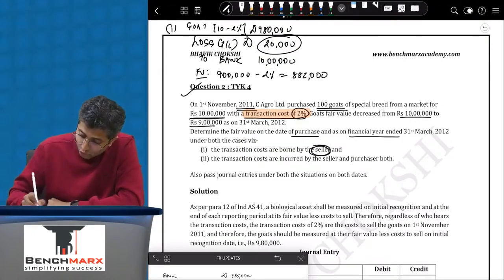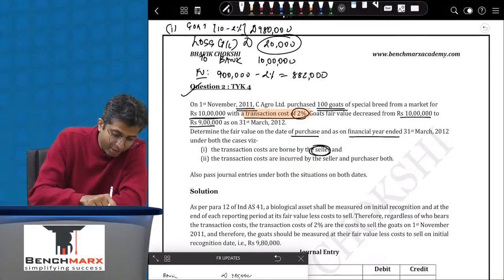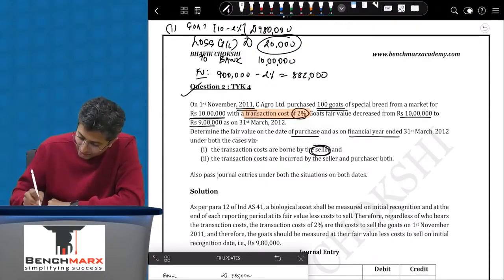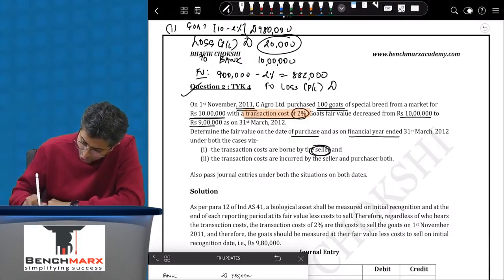In your ledger, something is shown as 9 lakh 80, whose value is now 8,82,000, and hence 98,000 is a downward movement. So over here, your journal entry will be fair value loss, which will go to the profit and loss account, to, let us say, goats, which is 98,000.